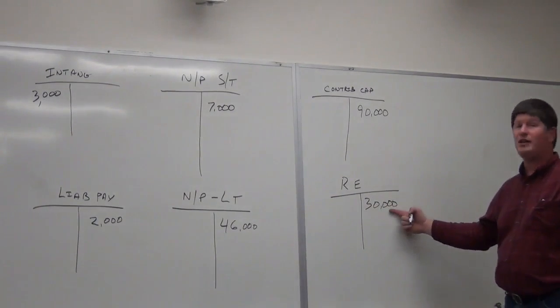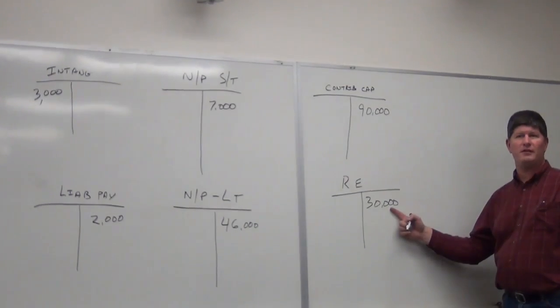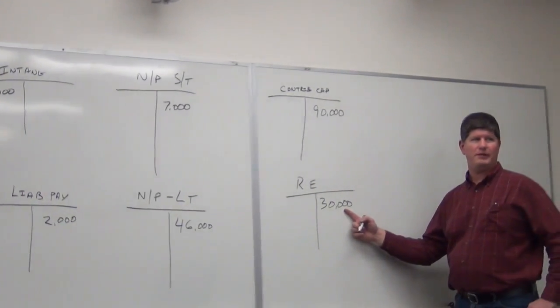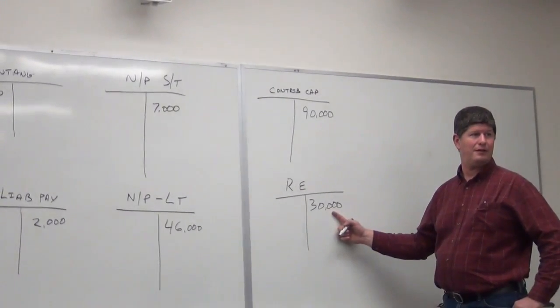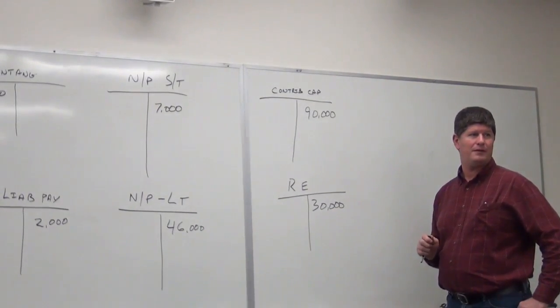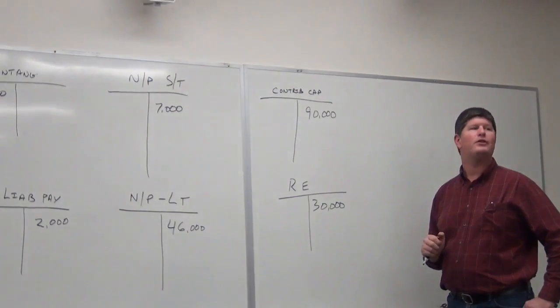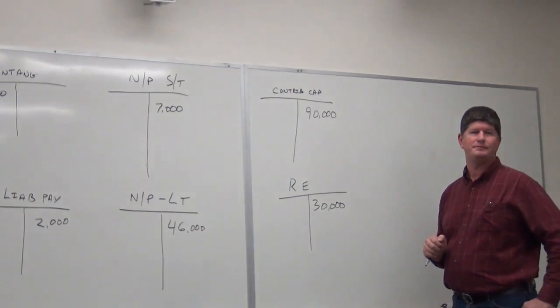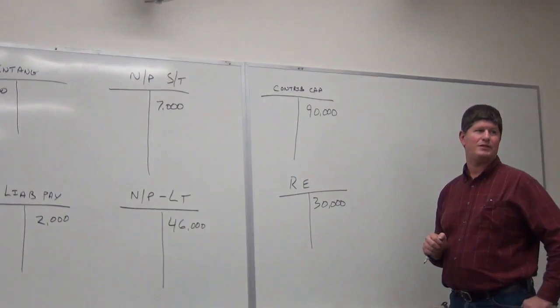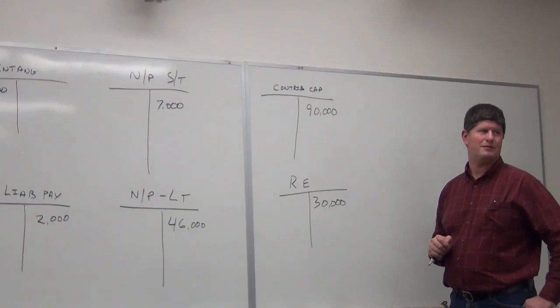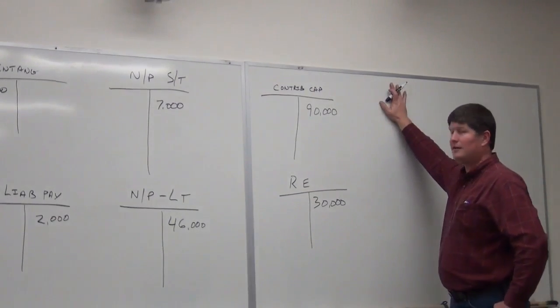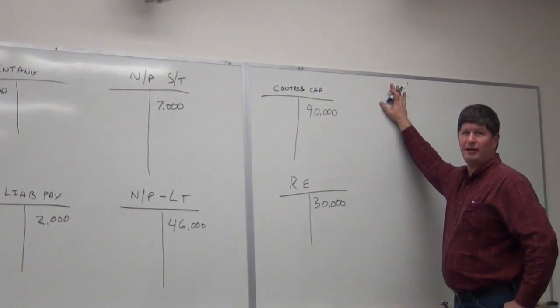So has the company made money over its life or lost money over its life? Made money, right? Everybody see that? Okay. So contributed capital is the same as common stock and additional paid-in capital? Correct. Yes, it's the same as common stock and additional paid-in capital. Okay, next. Tell me I'm done, right?